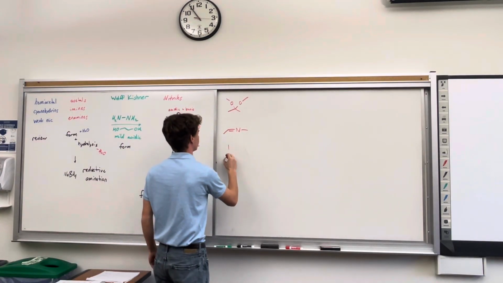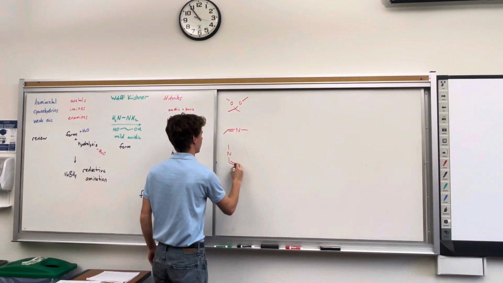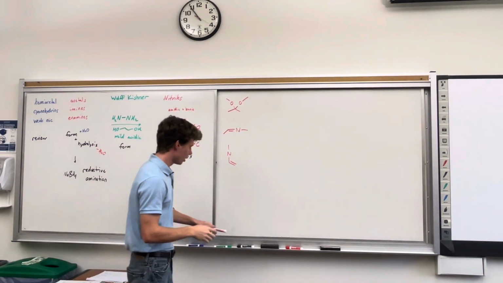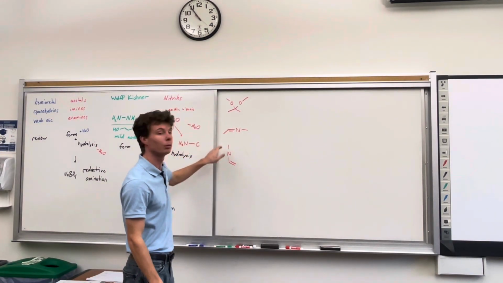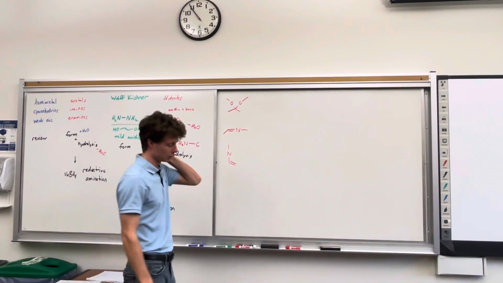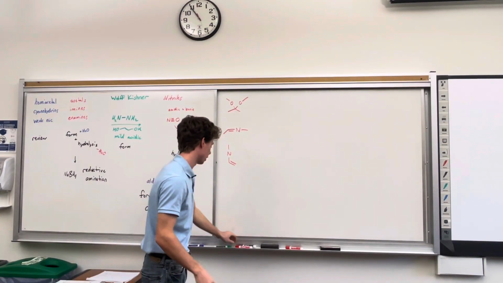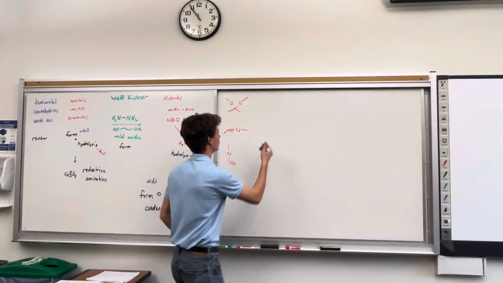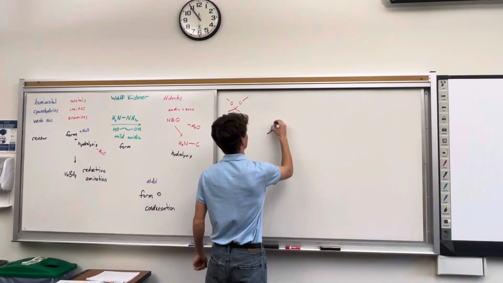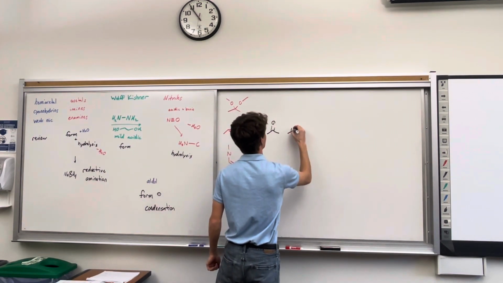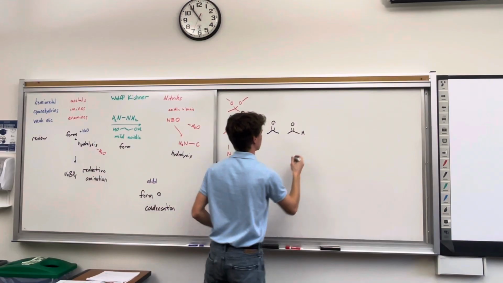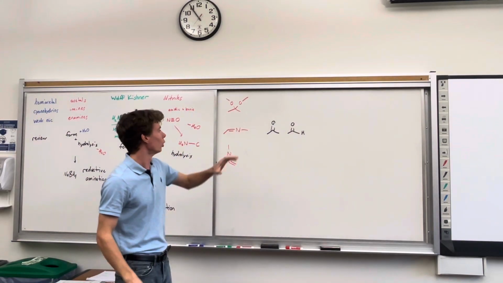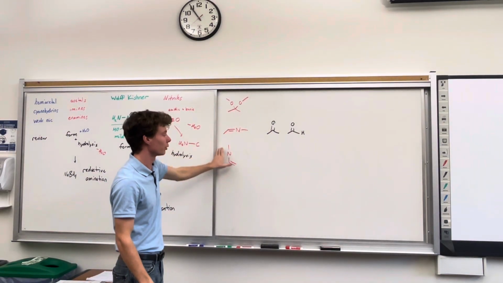And then I have my enamines. With all 3 of these, when we formed them, to start out, we needed some type of carbonyl, either a ketone or an aldehyde. So now these are reactants.